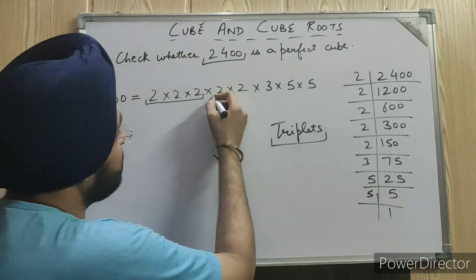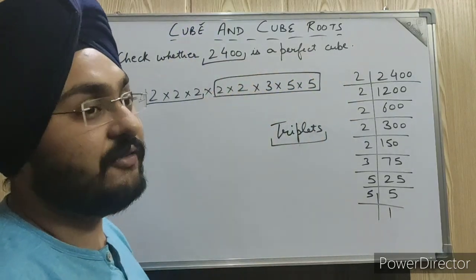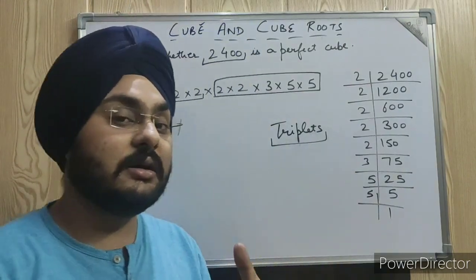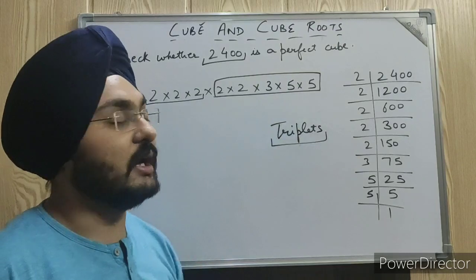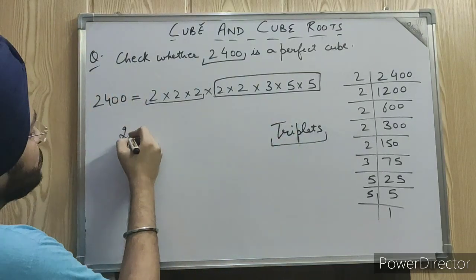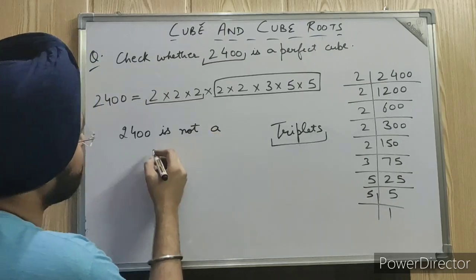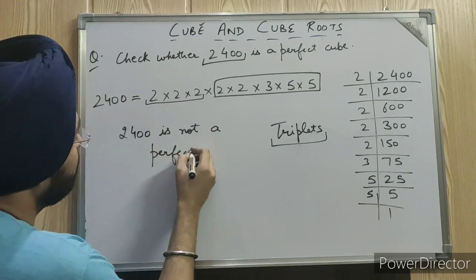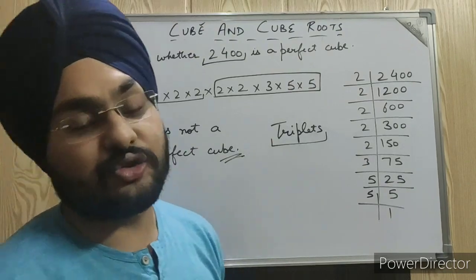What about these numbers? These numbers are not forming a triplet. If anything is left which is not a triplet, I will just say it is not a perfect cube. So I will say 2400 is not a perfect cube. A very simple thing, similar to square and square roots.